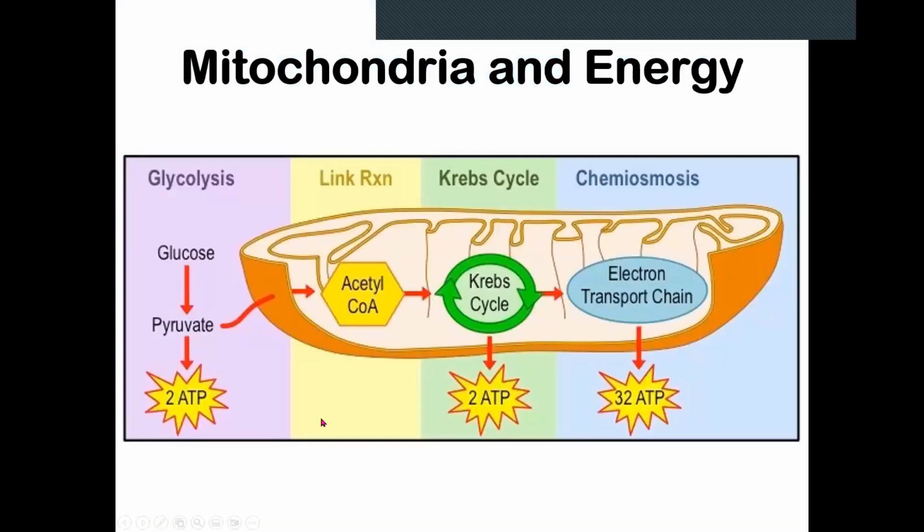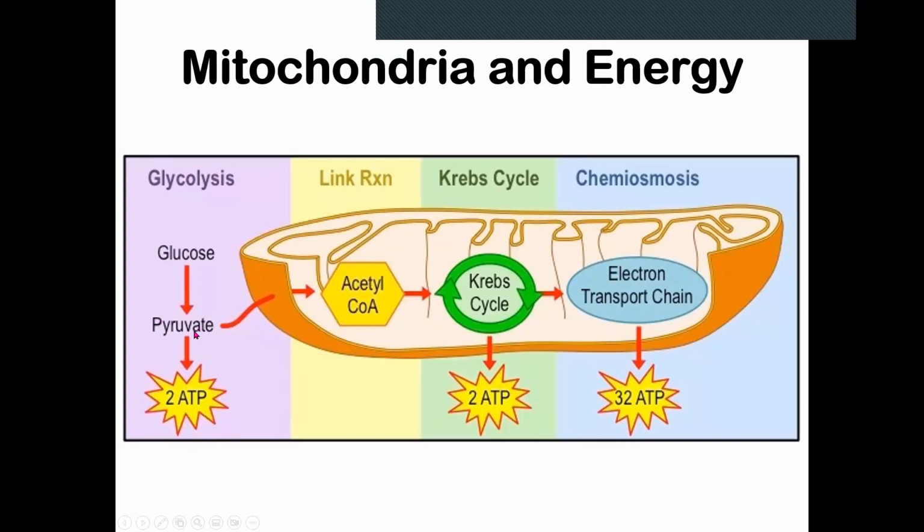So what happens within the mitochondria, inside the internal membrane? I won't go into detail, but just to show you how this happens, one glucose molecule will produce a molecule called pyruvate, and in doing that, it produces two ATPs. This is outside of the mitochondria.